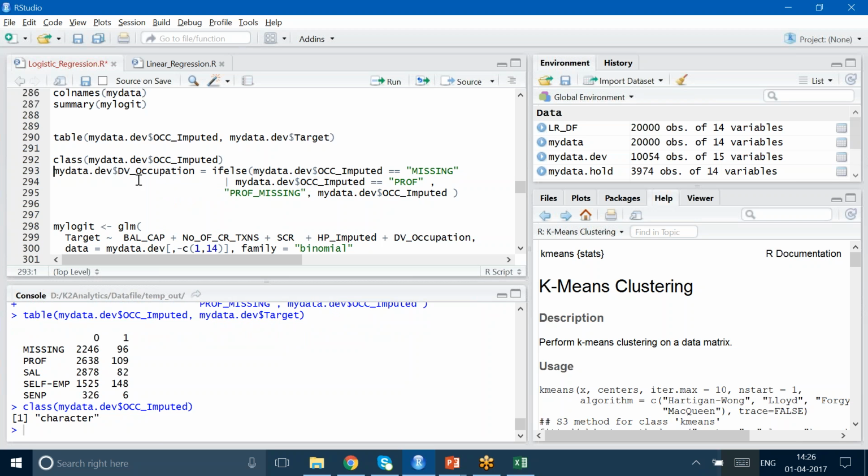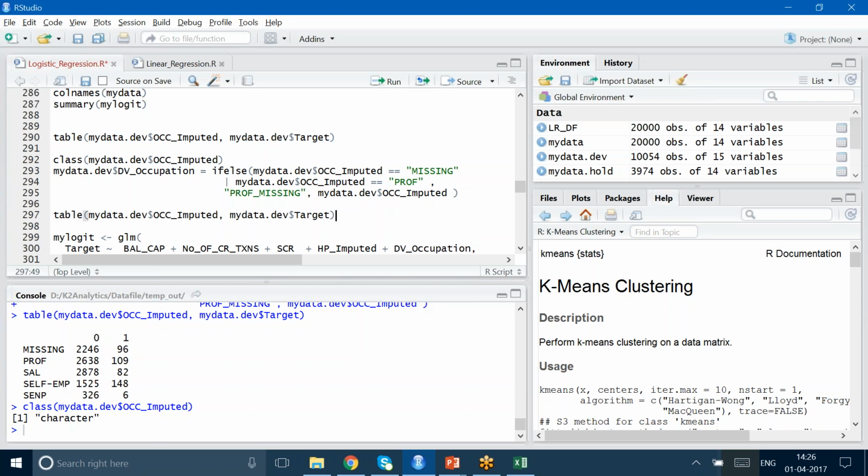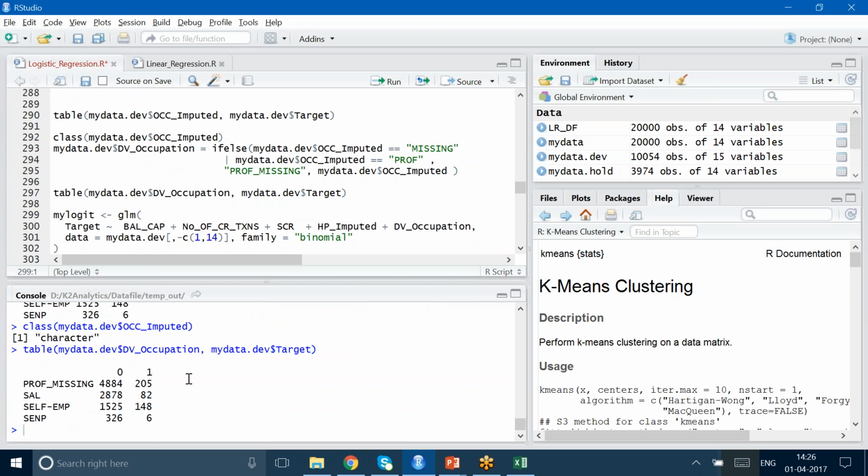My data.dev. Okay, sorry. This should be with respect to this column. Yeah, prof missing. Yeah. So as you work, you have to keep constantly doing this cross check.